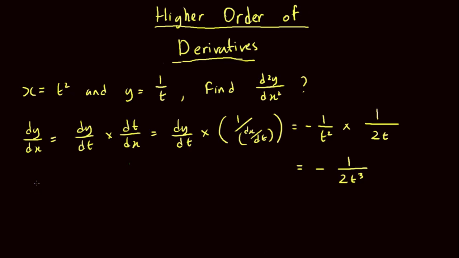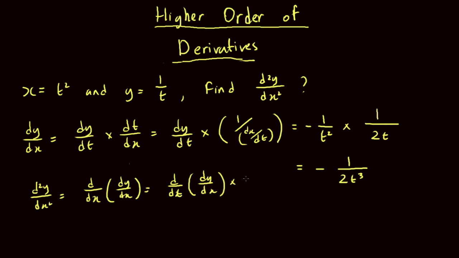Now if you want to find your d squared y over dx squared, it's simply d/dx of dy/dx, and you can write it like this as d/dt. We're going to express in terms of t, d/dt of dy/dx times dt/dx.